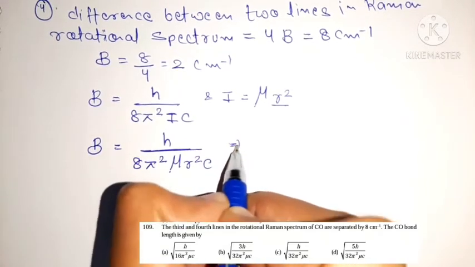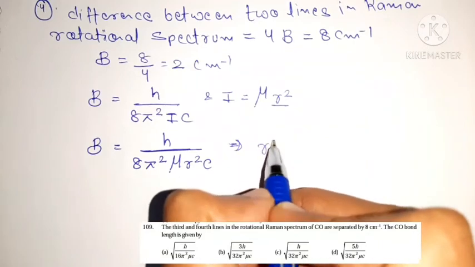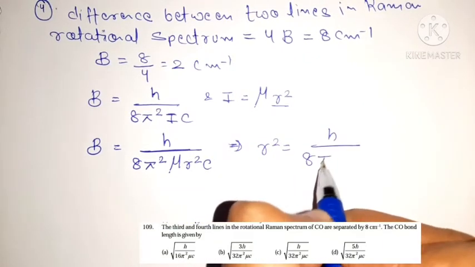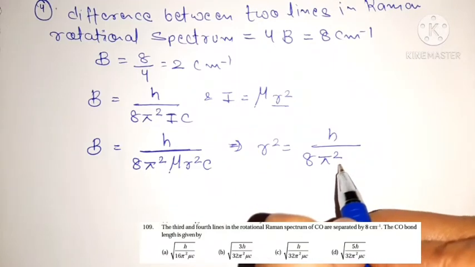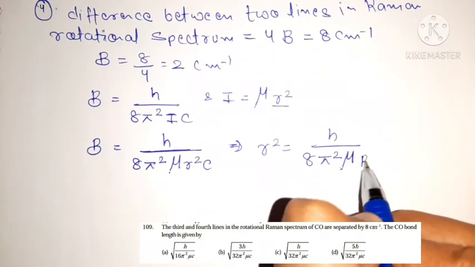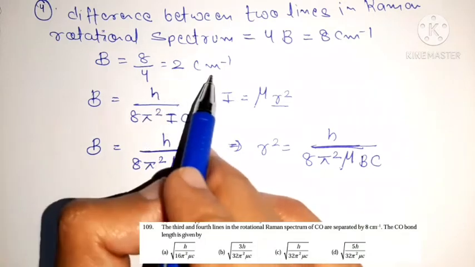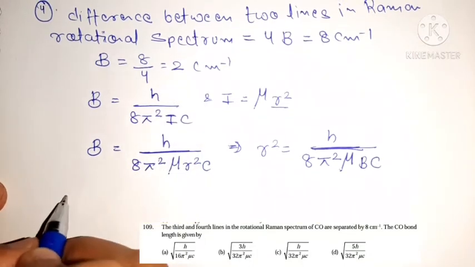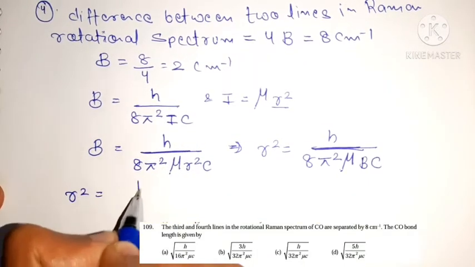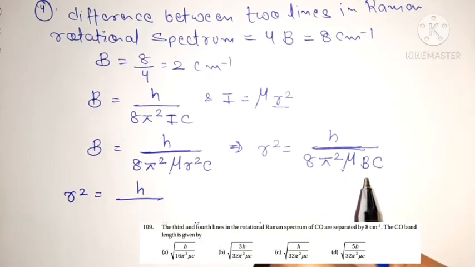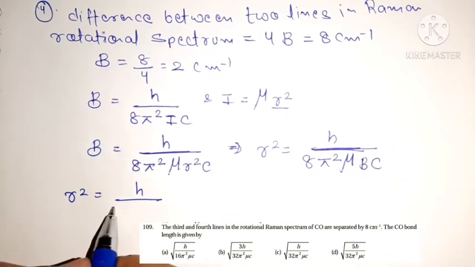So from this data, the value of r square will be h by 8 pi square mu B into C, and the value of B will be 2 cm inverse. So r square is equal to h by 8 into 2. When you place B equals 2, 8 into 2 is 16.